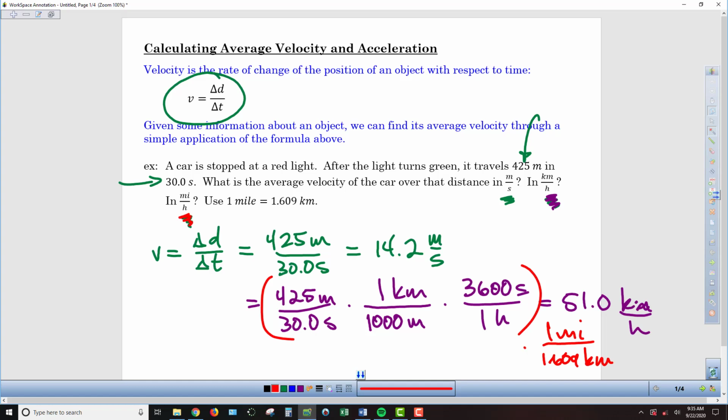If we perform that calculation and round off to 3 significant figures, we'll get a result of 31.7 miles per hour. So really we just have a very simple calculation, change in distance divided by change in time, where we're just doing the calculation in a variety of different units, so we just have to use a variety of conversion factors to get through it.